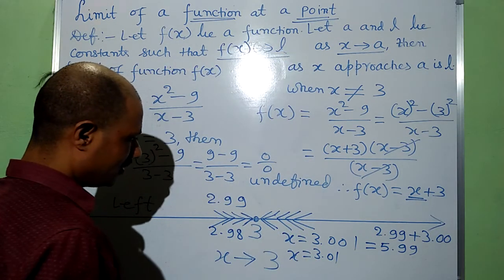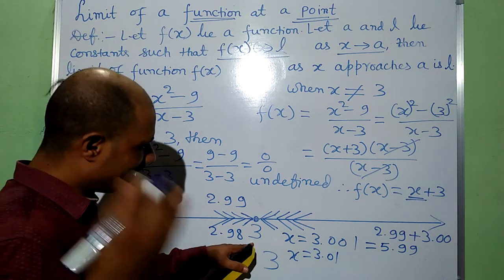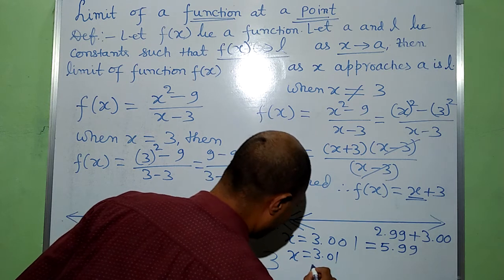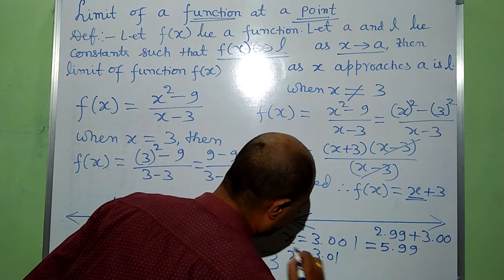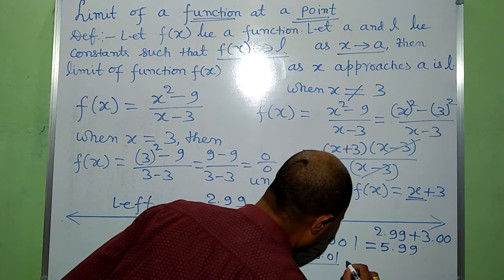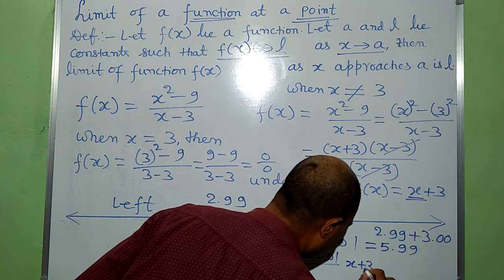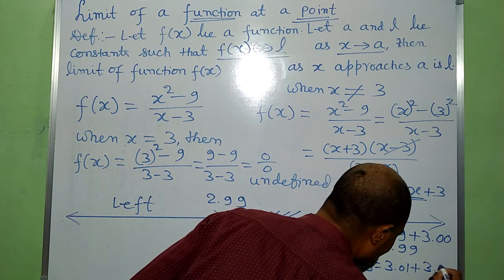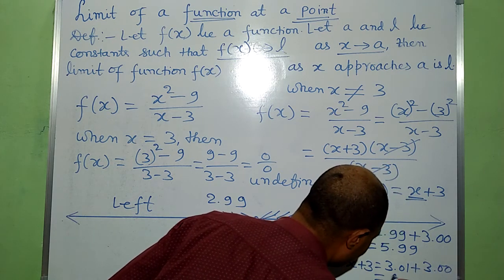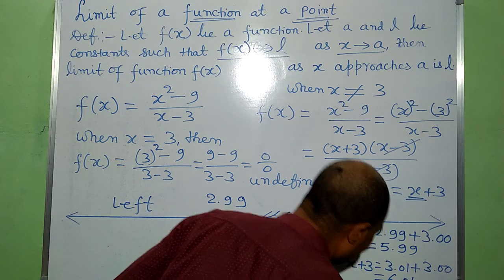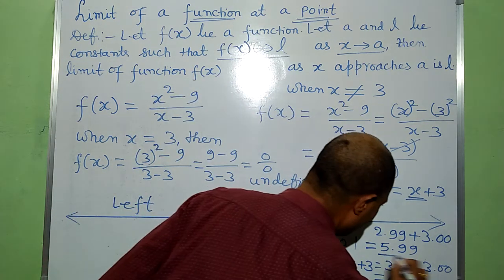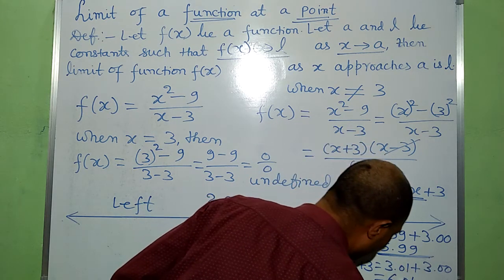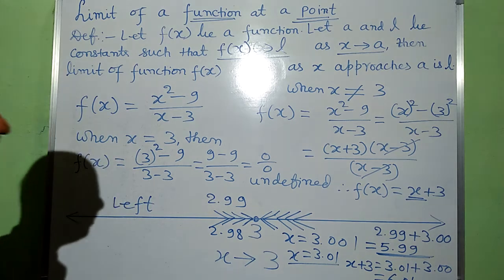We can take the value of x slightly greater than 3 also. When we put the value of x as 3.01, then x plus 3 will be 3.01 plus 3, that is 6.01, which is nearer to the constant 6.